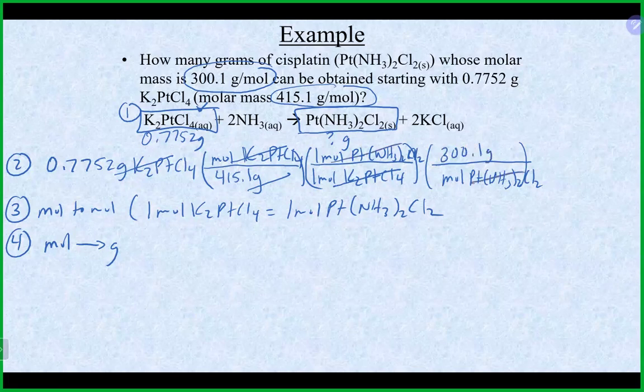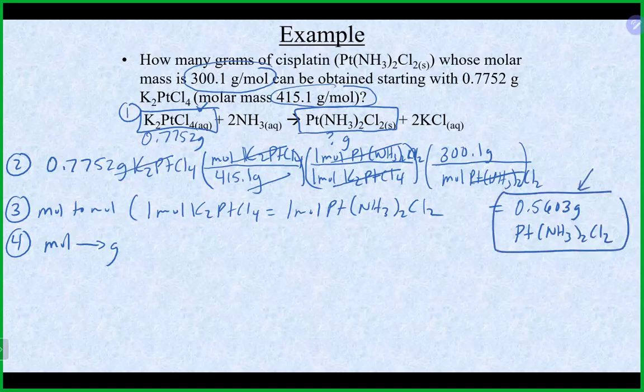Again, the moles are going to cancel, and that's going to get us here basically 0.775 times 300.1 divided by 415.1. Going to get us about a 0.5603. 0.5603 grams of our product here. Once again, because this is a product and our starting amount was given to us, this again would be our theoretical yield in this case.